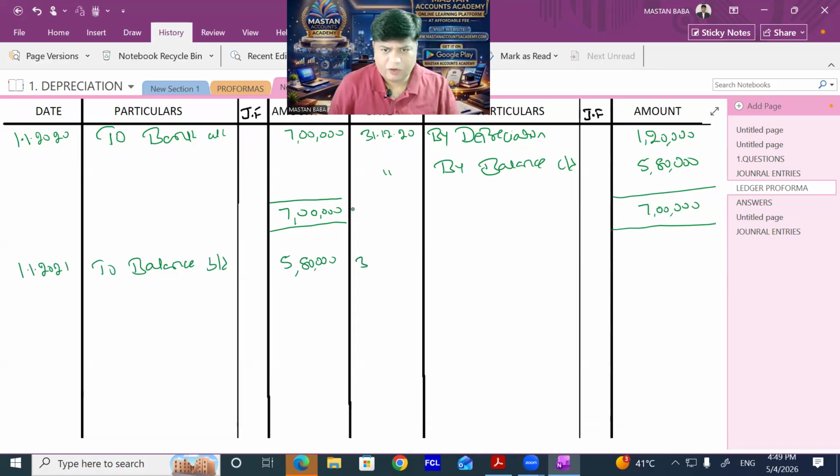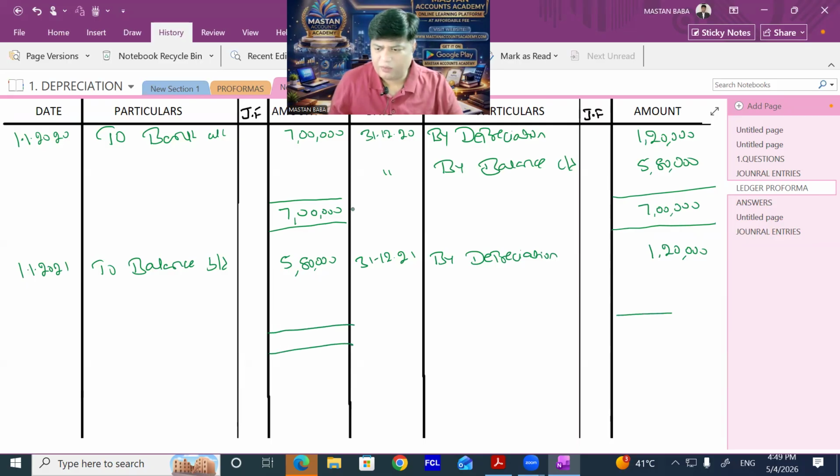And again on 31/12/2021, dear students, in the fixed installment method, if for the full year it is 1,20,000, the remaining years also will continue at the full year 1,20,000, except in case of sale of asset. By depreciation, full year utilized. So take again 1,20,000. The biggest amount is 5,80,000 or 1,20,000? 5,80,000. So take the biggest amount on both sides, as you know the ledger balancing procedure.